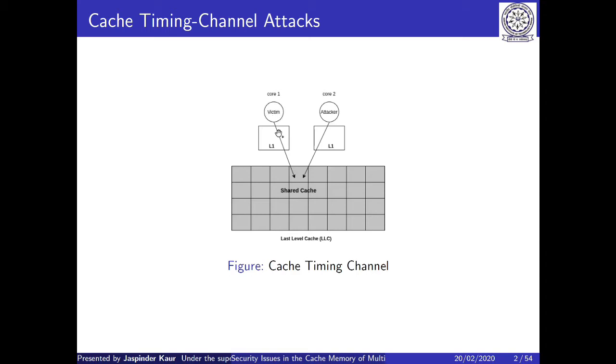Regarding the attack, there are two different types of attack possible: side channel and covert channel. I'll first discuss side channel. The side channel attack is mainly based on cryptographic algorithms. I hope you know the basic cryptographic algorithm. One of the most popular cryptography algorithms is called AES encryption, which is used by most applications in today's world.